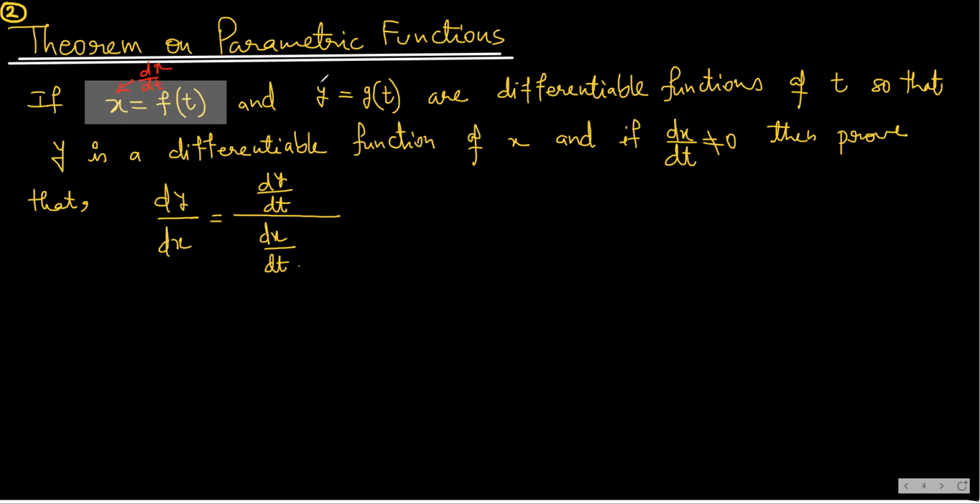Very good. y equals g of t is also a differentiable function of t. You can differentiate y with respect to t, that is, you can obtain d by dt of y.